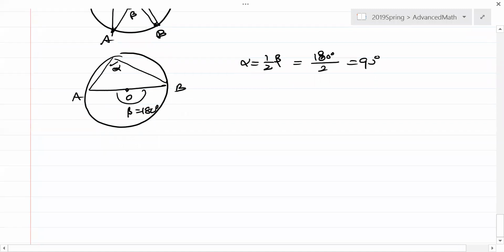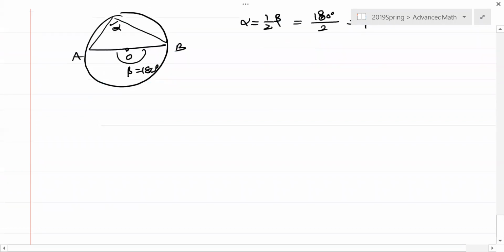All right, here's another tricky problem.